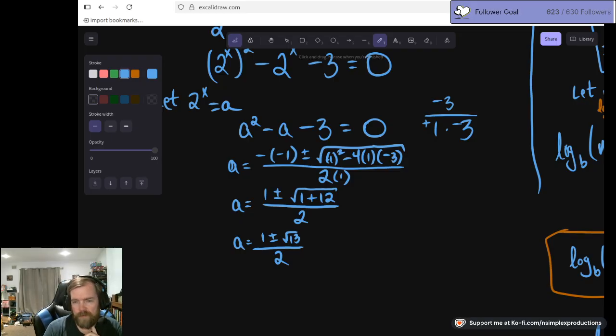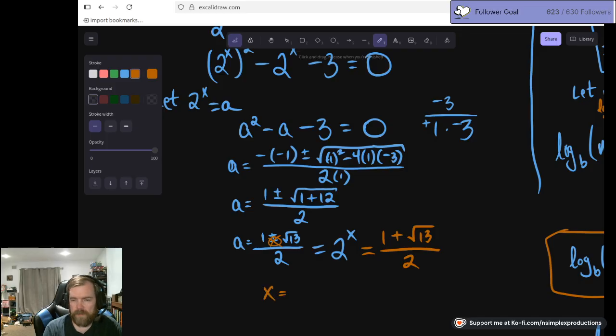So this is equal to 2 to the x, which means, right, the negative version doesn't work. Because we end up getting 1 minus the square root of 13, which is less than 0, so that would get us a negative value. And a negative cannot be equal to 2 raised to something. So this can only be 1 plus the square root of 13 all over 2.